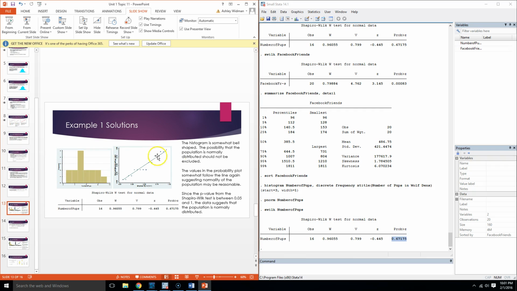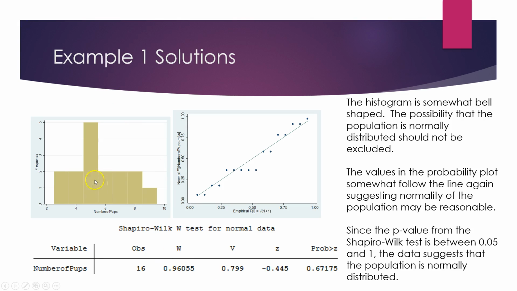So now let's discuss these 3 normality assessment components. The histogram is not perfectly bell-shaped, but I think it looks pretty good. It's definitely not completely unbell-shaped, but again, this is why we need a formal test, because everybody can interpret these graphs differently. There's not a single scientific way to interpret a graph.